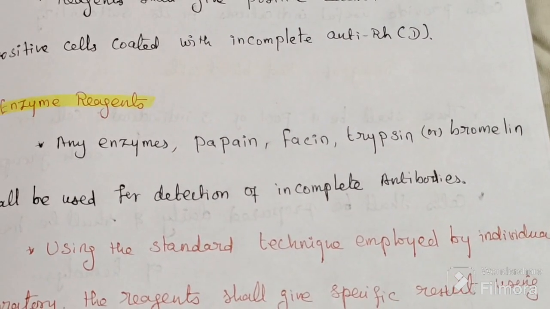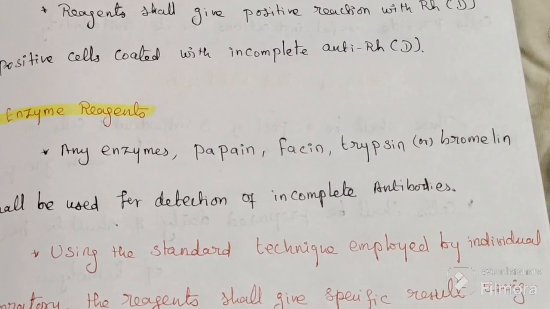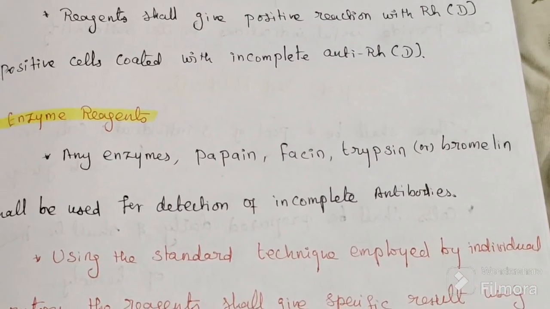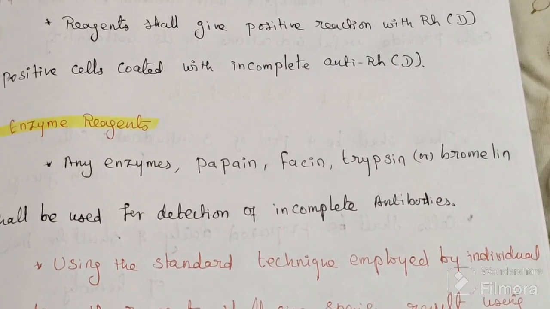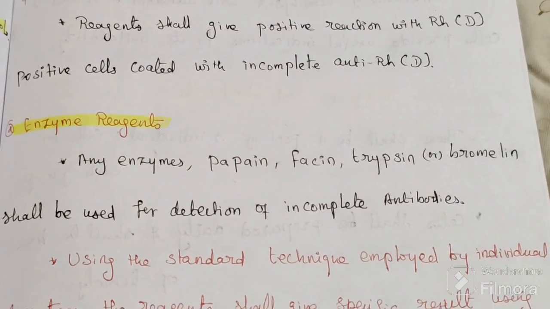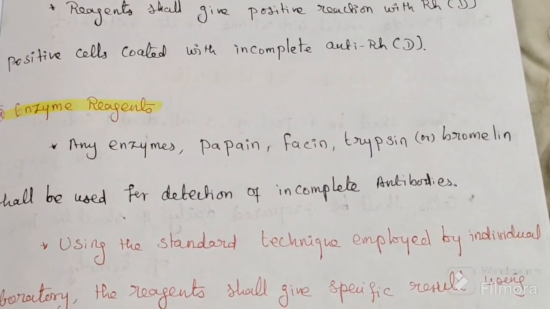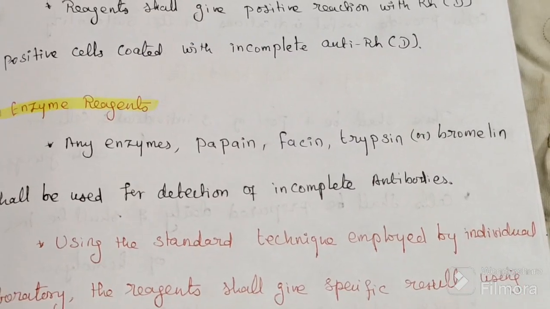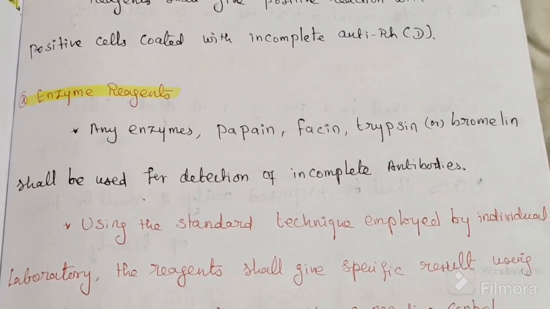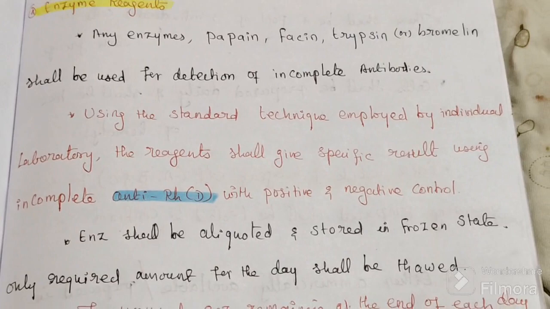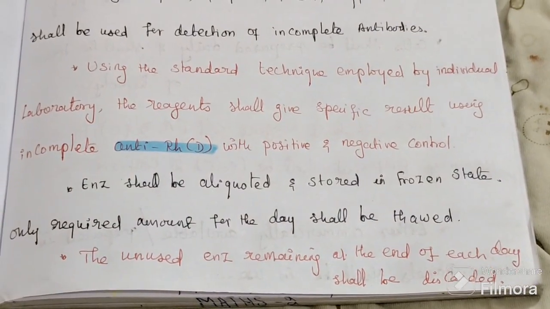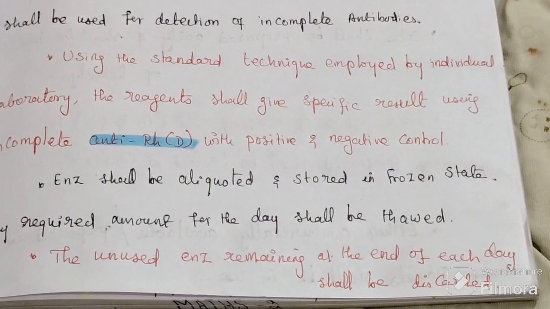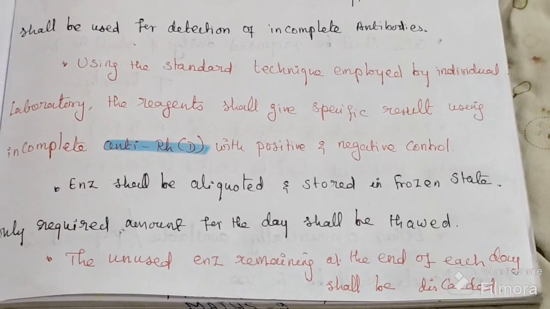Only the required amount for daily use shall be thawed. The unused enzyme remaining at the end of each day shall be discarded.